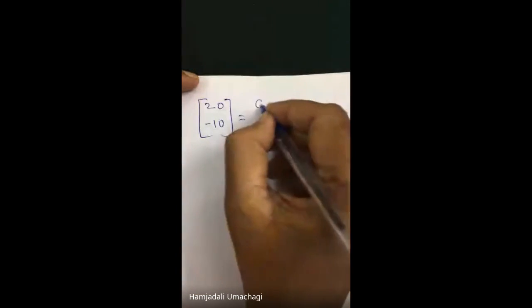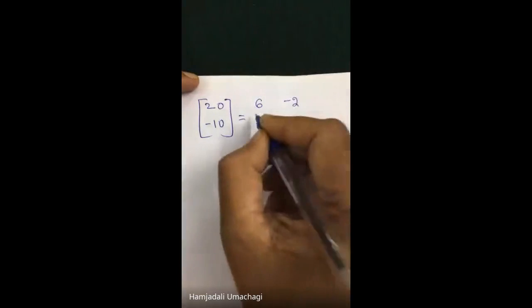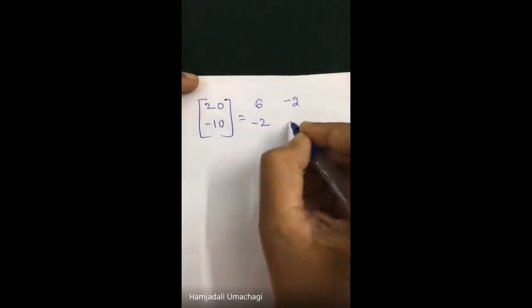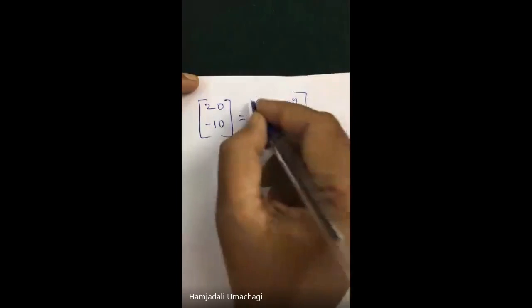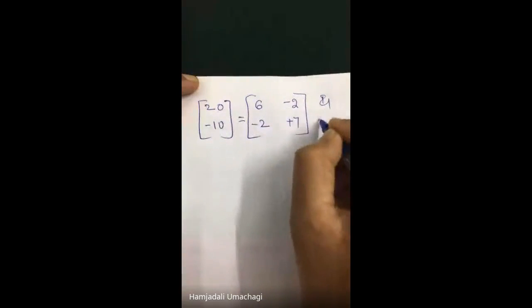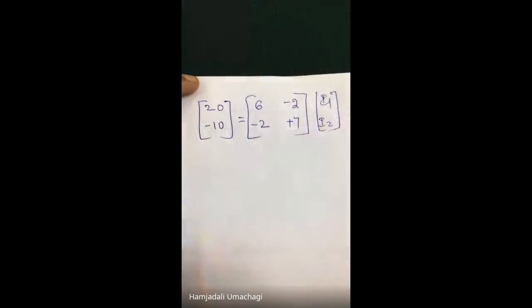So, I am using Cramer's rule. To apply Cramer's rule, I have to express this in a compact form: 20, minus 10 equal to the matrix 6, minus 2, minus 2, 7 times I1, I2.